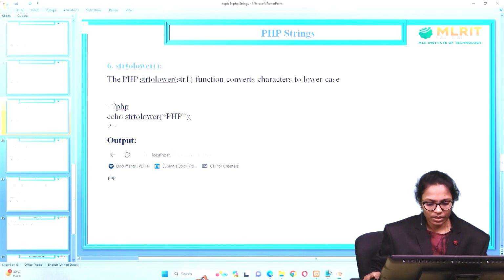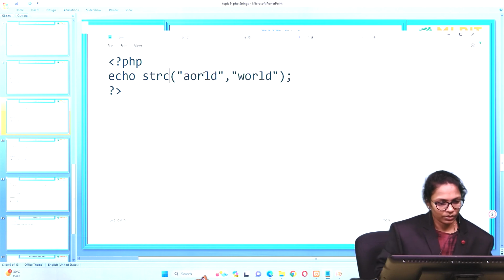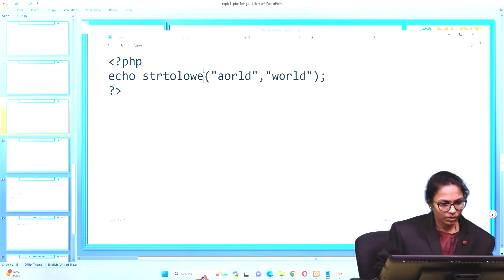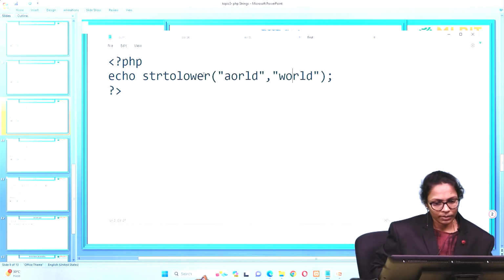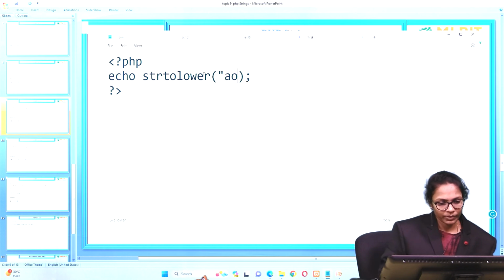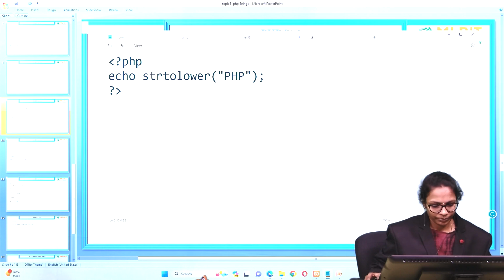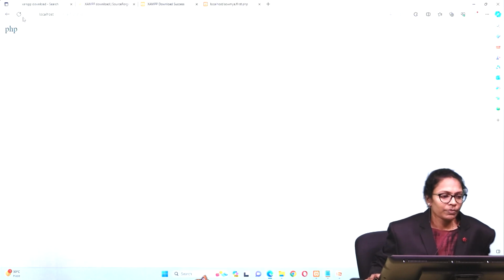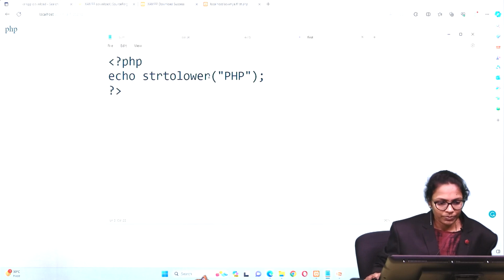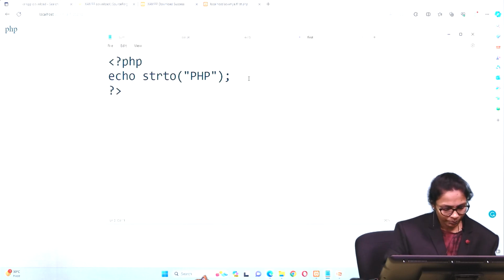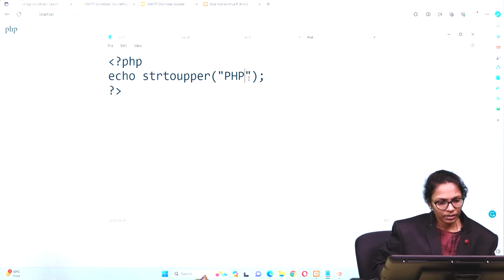Next is lower and upper. For strtolower, I am giving some capital letters, and I am getting all small letters. Next is strtoupper.